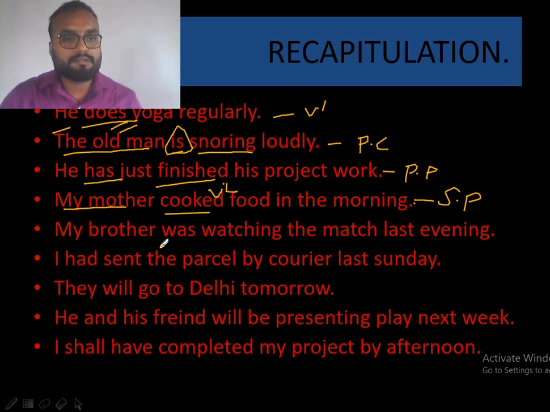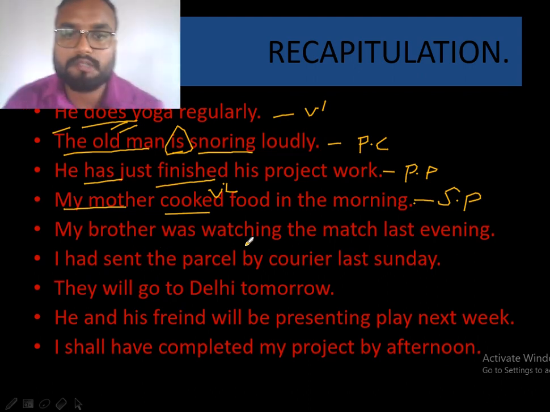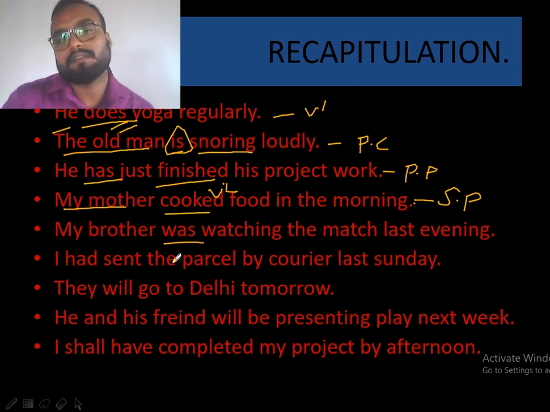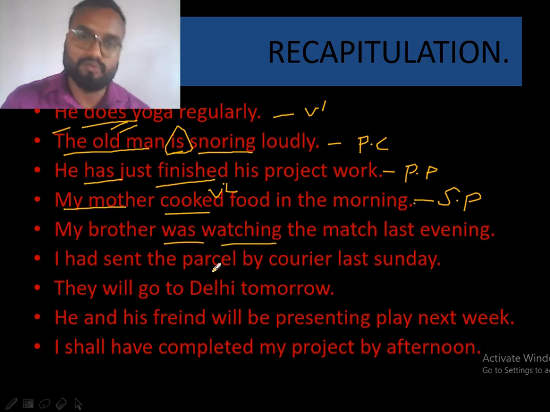Now next sentence. My brother was watching the match last evening. Was indicates that the sentence is in past form, and the ing form shows that the action continued at a particular time in the past. Last refers to past tense.